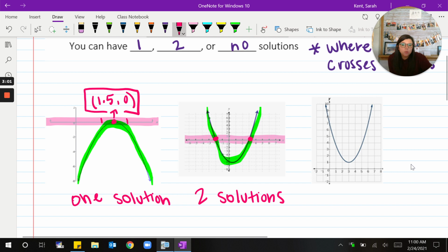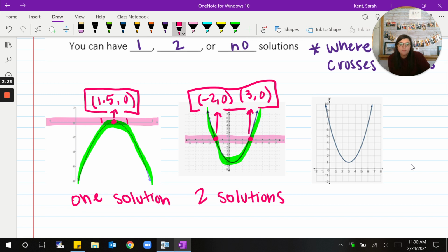And those 2 solutions, this one here, I can see -1, -2. So this is at -2, 0. And this point is at, let's see, 1, 2, 3, 0. So that would be our answer, -2, 0, and 3, 0.